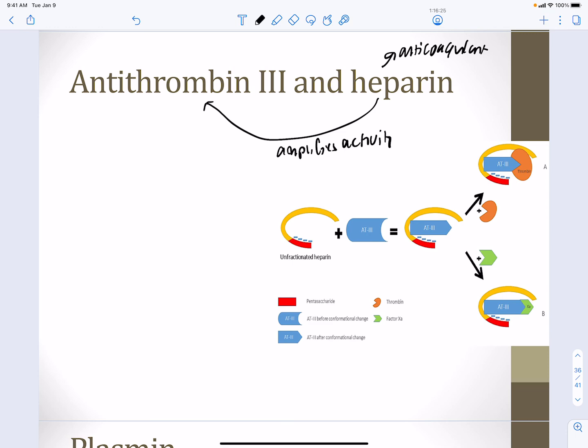And I should also mention here that we have our serpins. These are serine protease inhibitors. And these are natural products. About 10% of the plasma proteins are these.